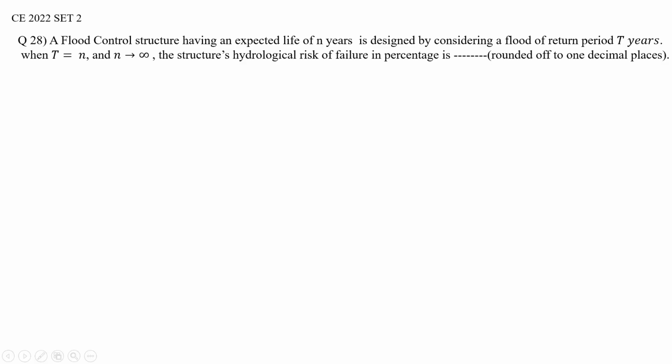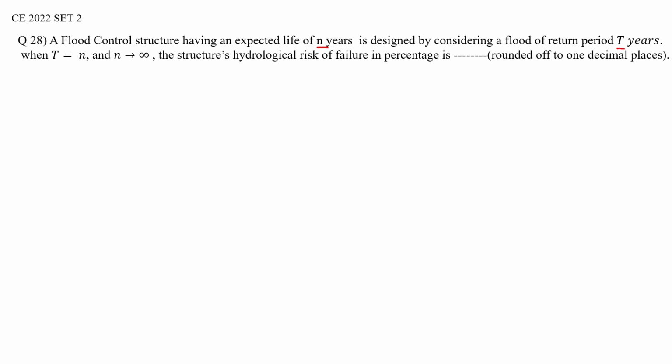Okay, so this is question 28 from 2022 set 2. This is not a straightforward question, it is actually a result you can get from the textbook. Suppose a flood control structure having an expected life of n years is designed by considering a flood of return period of t years.